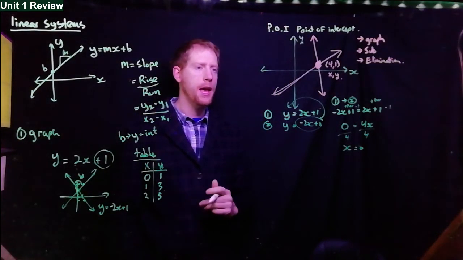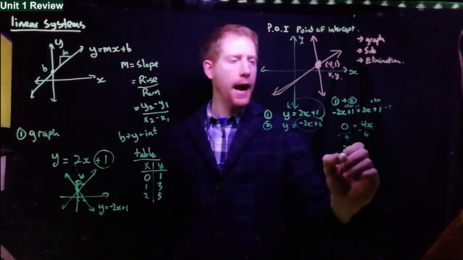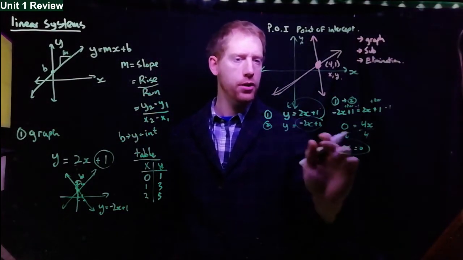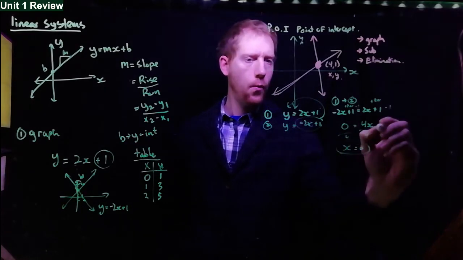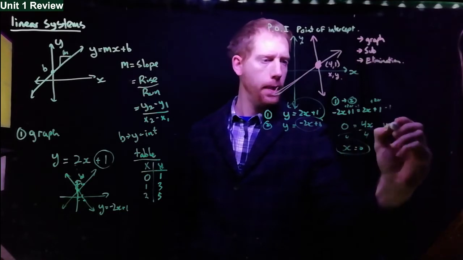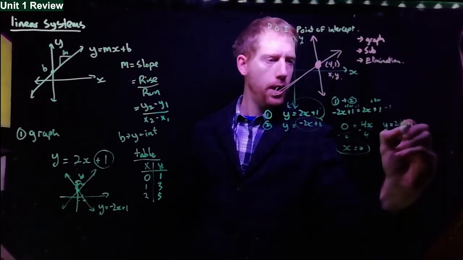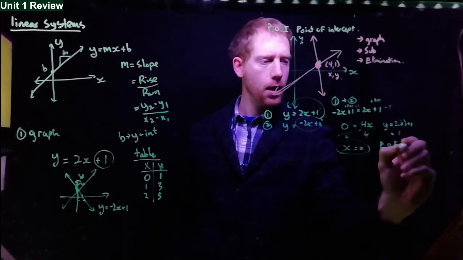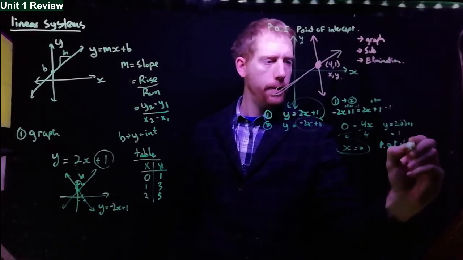Okay. And then to find out the y, you need to take this and substitute it back into your original equation. So y will be equal to 2 times 0 plus 1, y is equal to 1. So therefore the POI is equal to 0, 1.